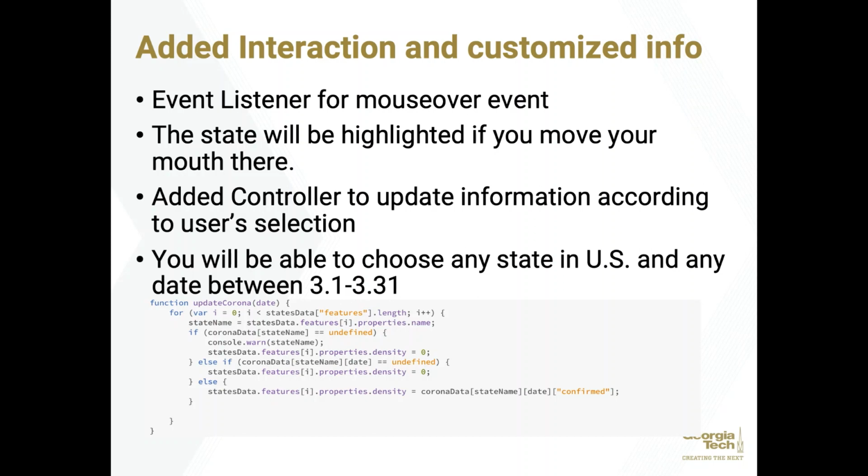What's more, I also added a controller to update the information according to the selection of the user. You will be able to choose any state in United States and any date between March 1st and March 31st. The core code in this part is shown in this picture. It aims to update the coronavirus information in this map.